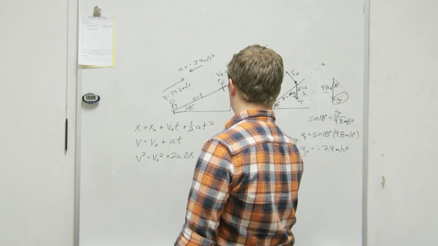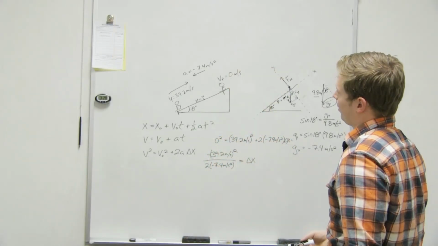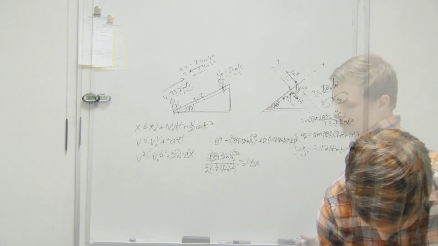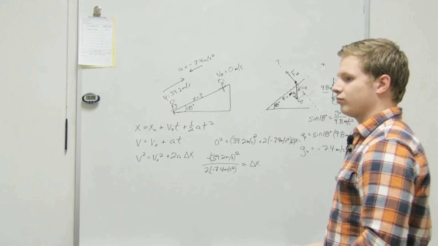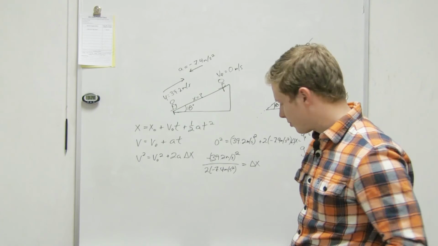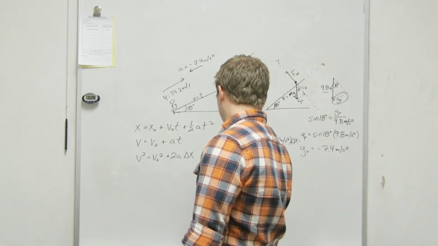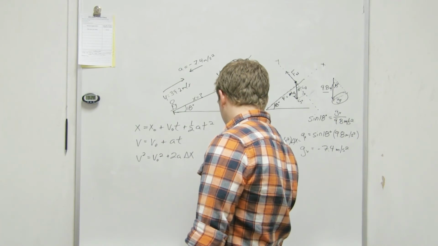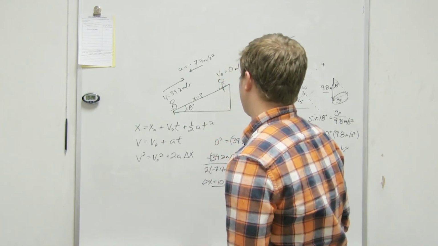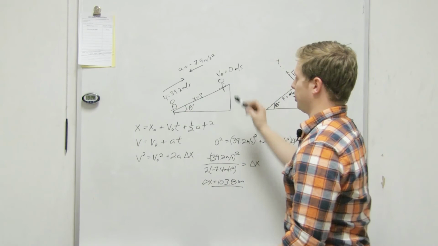Divide everything, and that will get us the distance we're looking for. So then 103.83. And that's the distance that the person goes up.